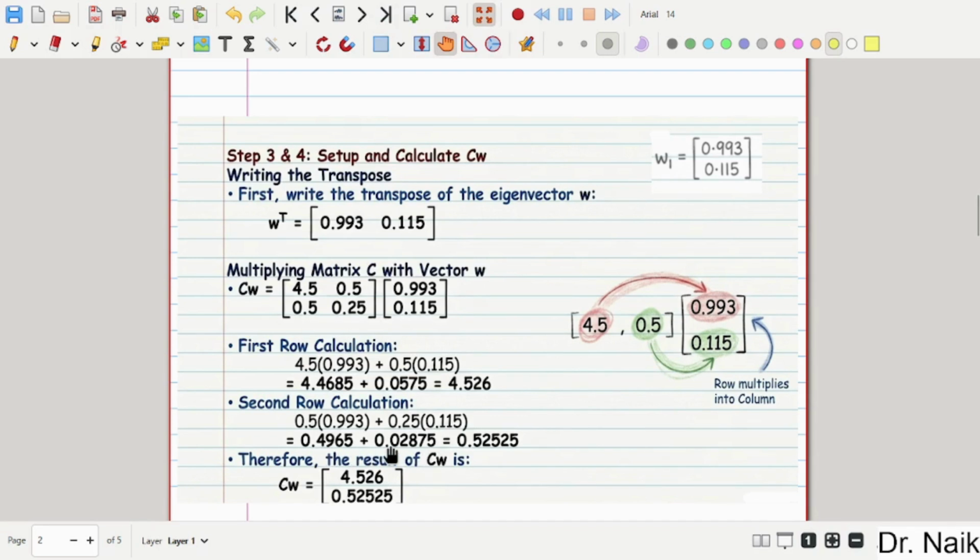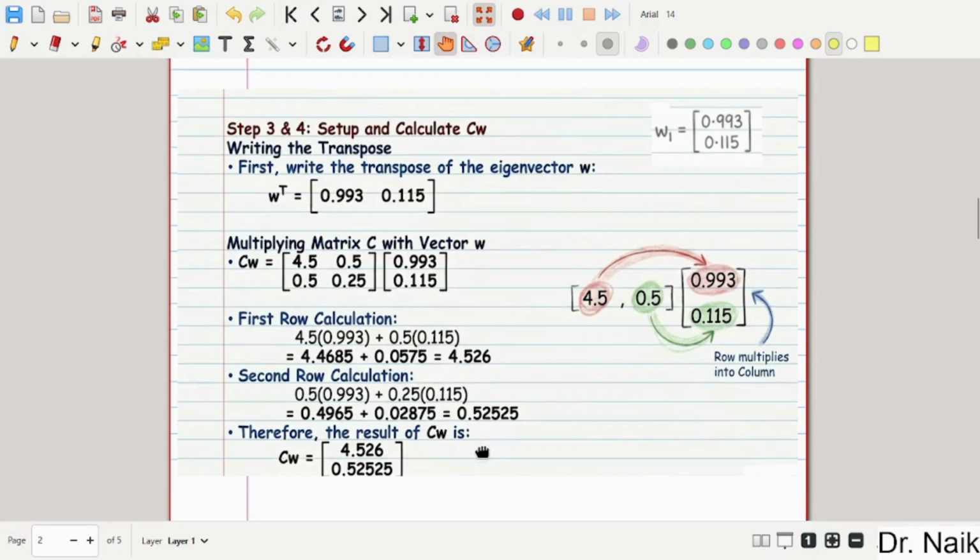Add these two numbers and we get 0.52525. So our CW is a column vector with first entry 4.526 and second entry 0.52525.